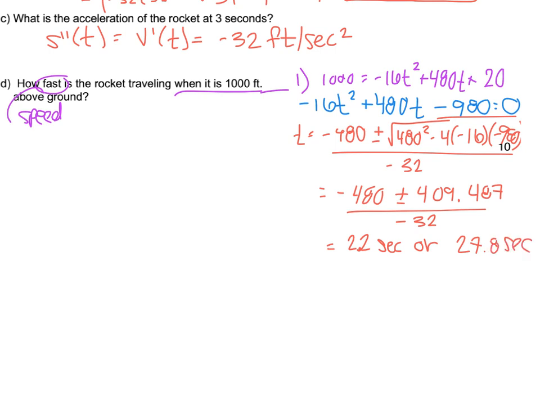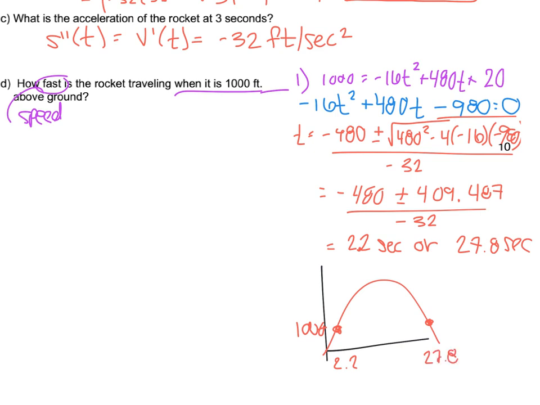What does that mean? We have two answers. They both make sense. Well, that just means the rocket is going to be 1,000 feet in the air 2 times. That makes sense, right? Because what comes up must go down. So this is saying there's a rocket, it's in motion, and it's going to equal 1,000 feet right here and right here. So once at 2.2 seconds, once at 27.8 seconds.